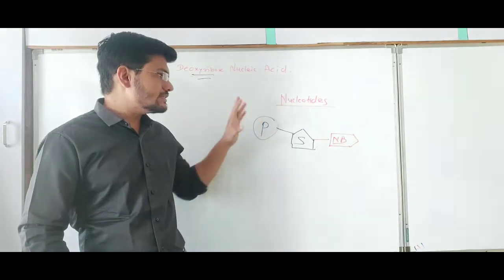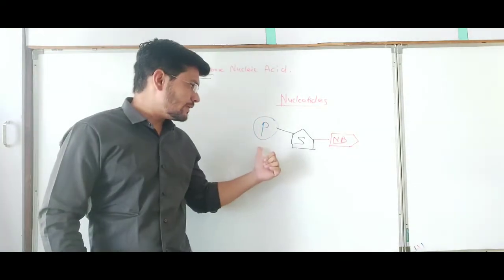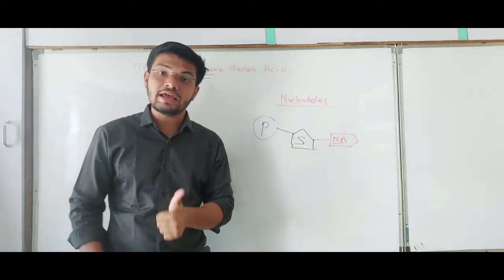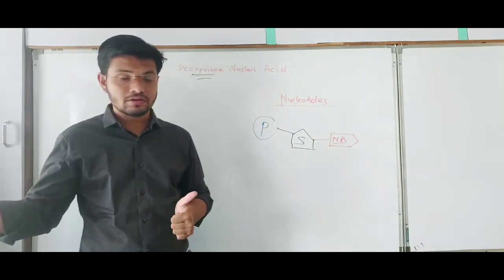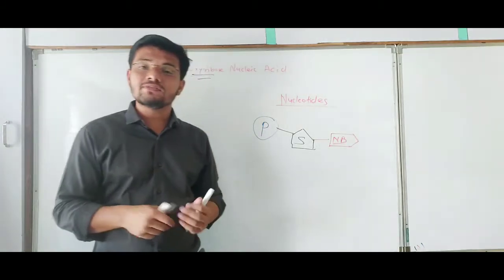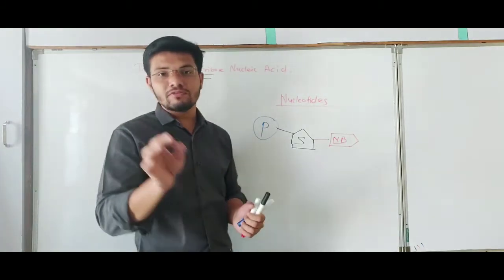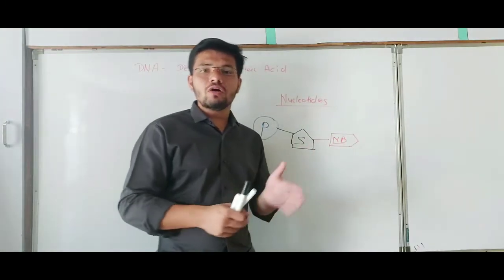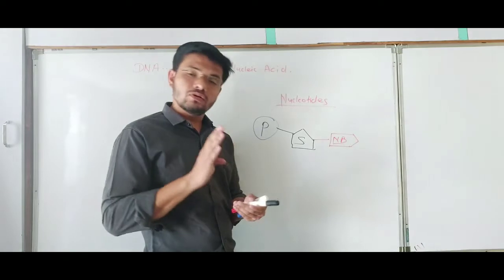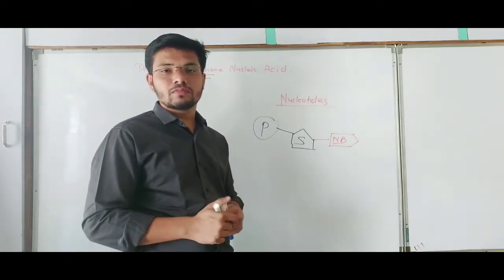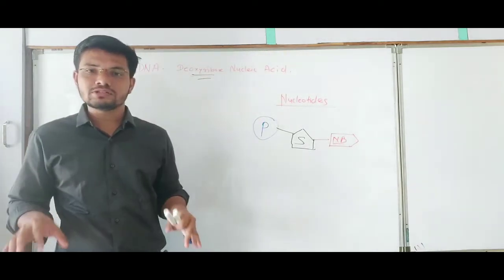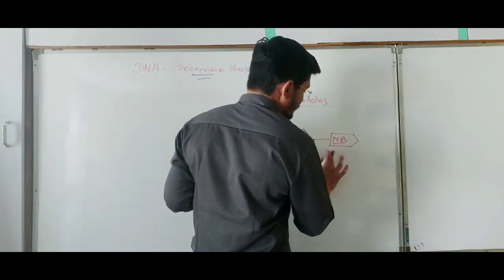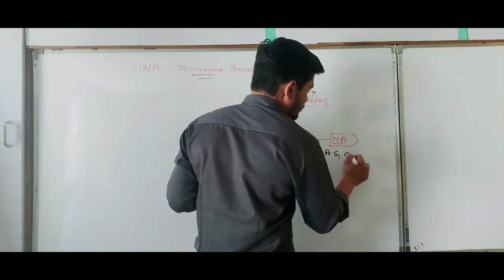So these are the three components present in the nucleotide: phosphate, sugar, which is deoxyribose sugar in case of DNA and ribose in case of RNA, and the nitrogen base. What is the difference between deoxyribose and ribose, that we will discuss in a moment. There are four types of nitrogen base: mainly two types, purines and pyrimidines, and there are sub-types: adenine, guanine, cytosine, and thymine.